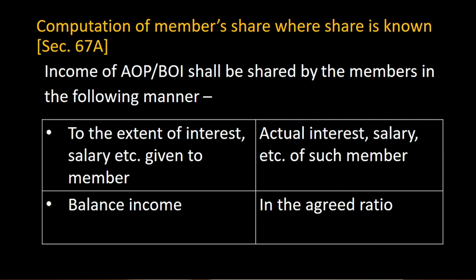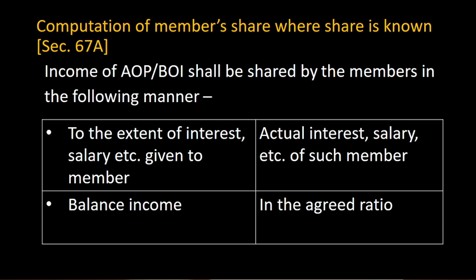Right. So what will happen? Let's see. It's given under section 67A. So income of AOP BOI shall be shared by the members. Obviously members will share because keeping it in the AOP is not serving the purpose, right? So it should be shared by members commonly.